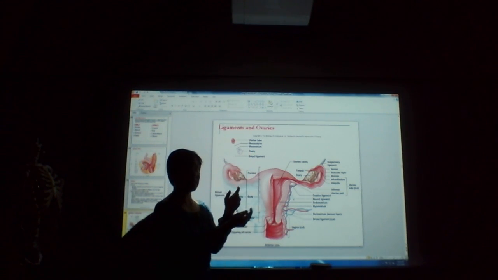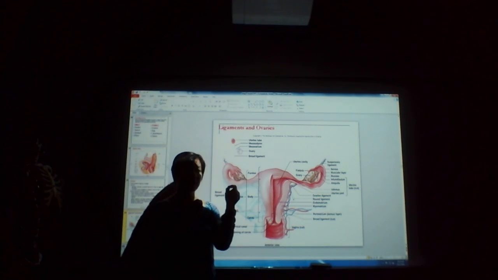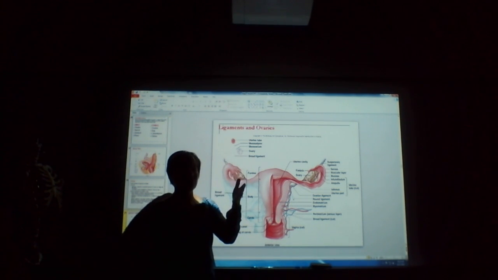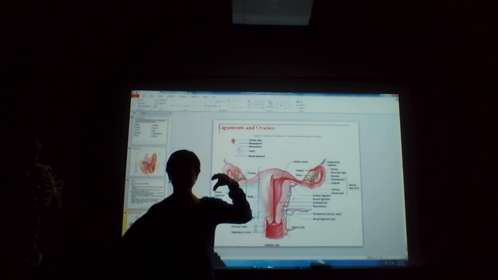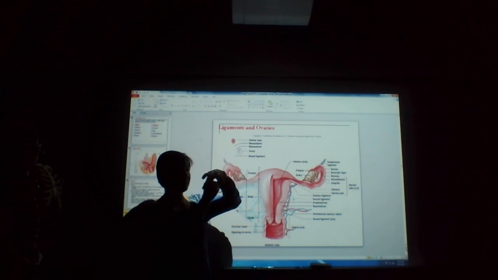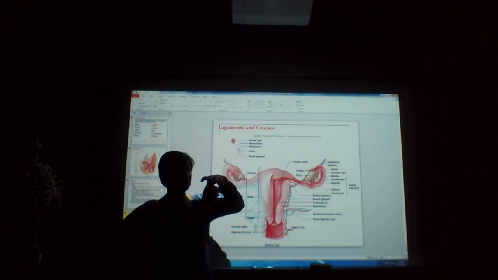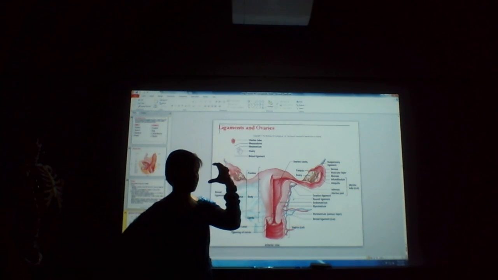So every time we ovulate, you're actually ovulating into the pelvic cavity. And if you notice, the fallopian tube has what you call fimbriae, or finger-like extensions. Every month we ovulate, the fimbriae create waves or currents that direct the egg into the fallopian tube.